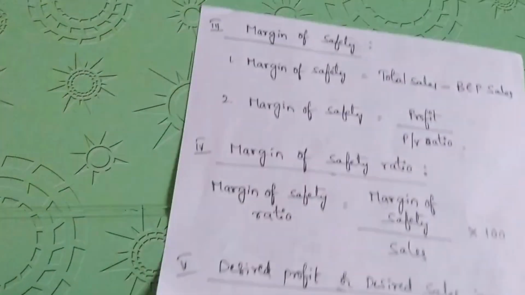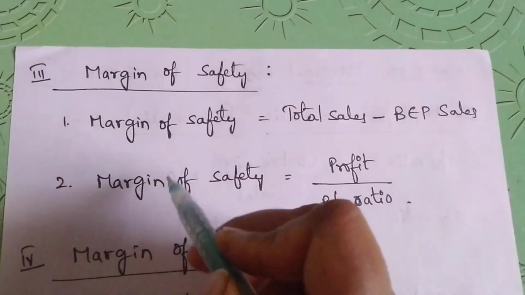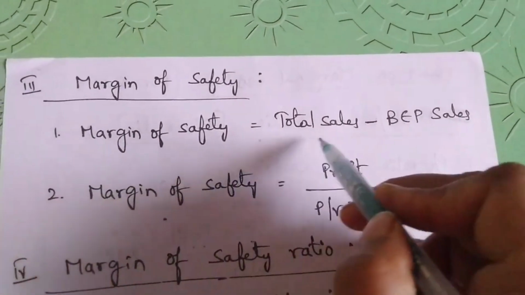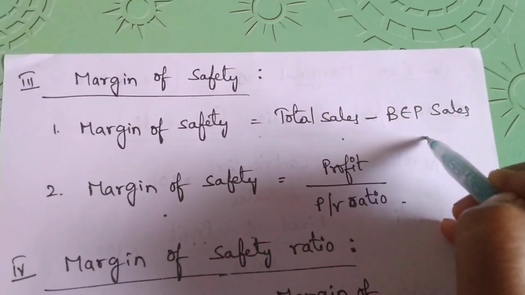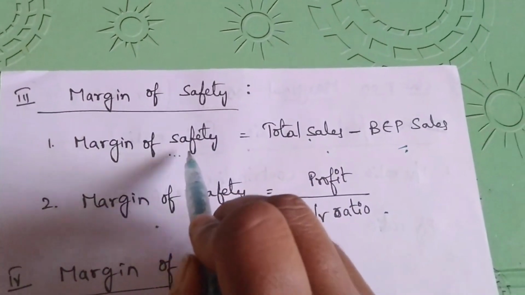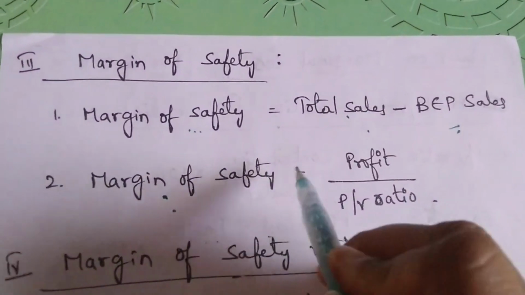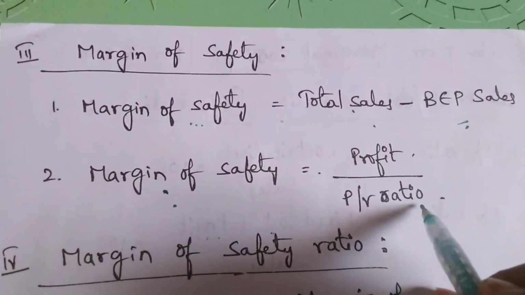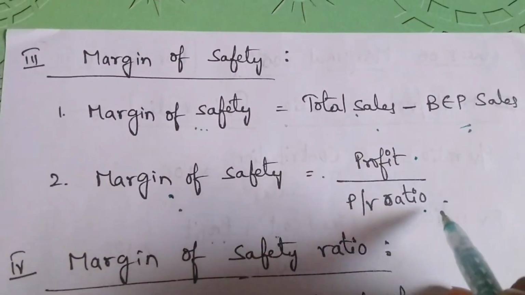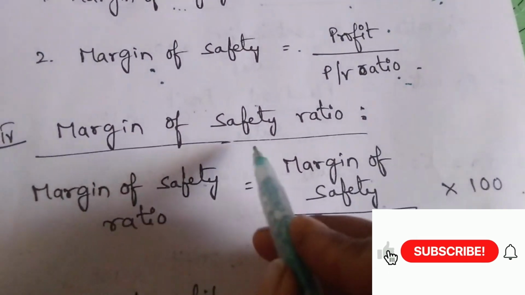So the next one is margin of safety. We have two formulas for margin of safety. The first is total sales minus BEP sales; total sales minus BEP sales, we will get margin of safety. The other formula for margin of safety is profit by PV ratio. Next, margin of safety ratio.